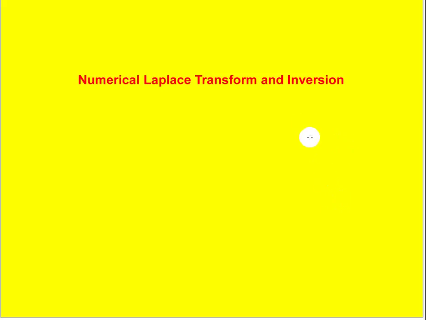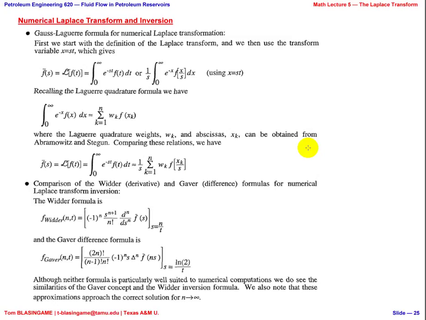Okay, I'll try to cover this, and I would like to introduce you to the Stehfest algorithm. The first thing that appears in the notes is the numerical Laplace transform and inversion. There are two methods in the notes for the Laplace transform numerically.